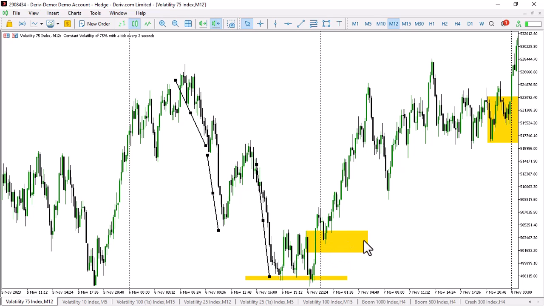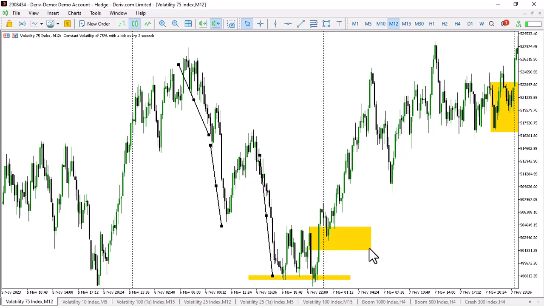Then you have a breaker. We are more worried about this breaker, the yellow breaker, but I will first show you the fair value gap. This strategy is a breaker plus the fair value gap. If you don't have a fair value gap and you have a breaker, that setup is not complete. You need a breaker, then in that breaker, you have to have a fair value gap.